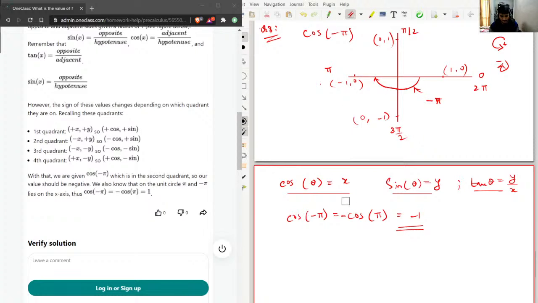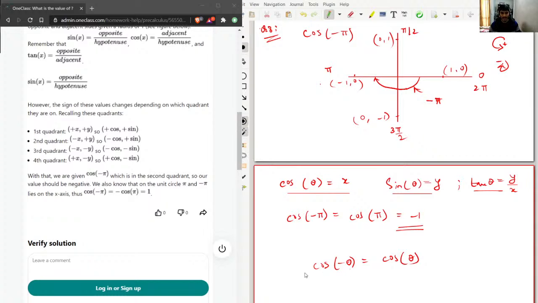In case of cosine, the property which they have given here is not valid because suppose we have cosine of minus theta, then it will become cosine of theta.